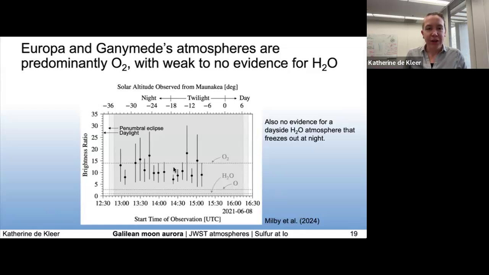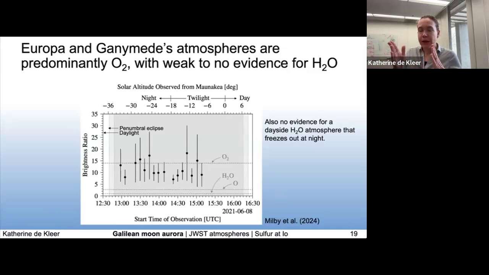But the reason I didn't just plot this as a single point and actually showed it to you as a function of time is that if the atmosphere had a strong component of molecular water, then that would be produced by a surface that was sublimating. So when the surface is in sunlight, it's warm, it sublimates water.